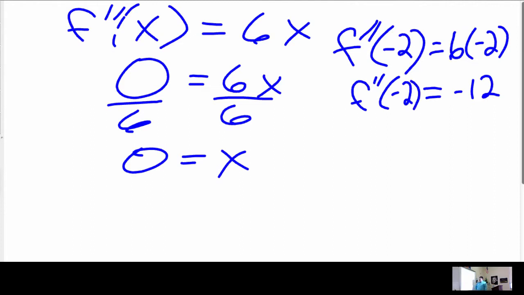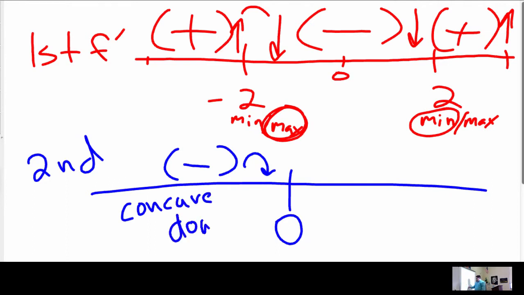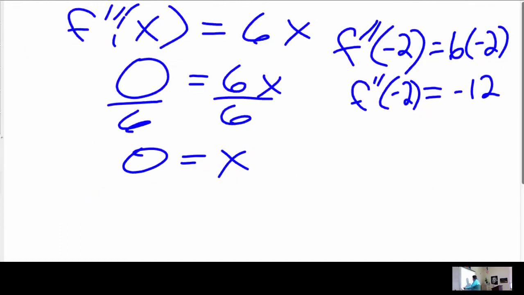So that tells me it's negative from here to here. That means it's concave down, which means it curls down. Now this might curl up. Probably will curl up. Well, we already know that it will.